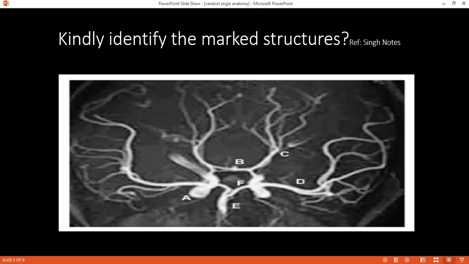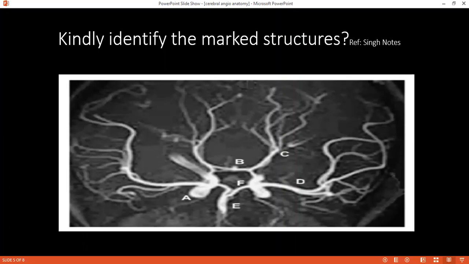Then it passes upwards and anteromedially to go in front of the brainstem. At the lower border of the pons, two vertebral arteries unite to form one basilar artery, where it also gives the branches of posterior cerebral and superior cerebellar artery.